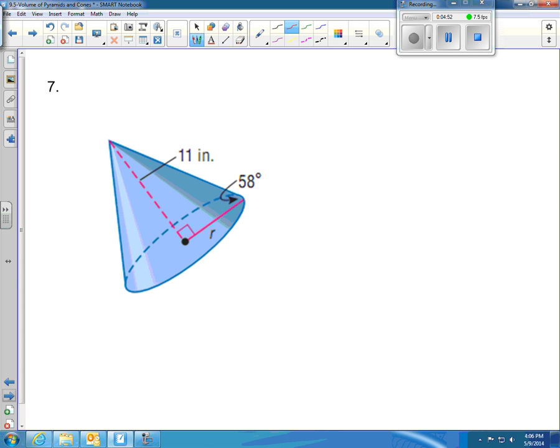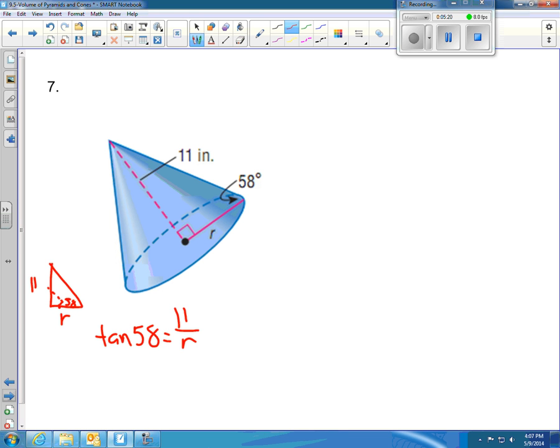Okay, 7. Notice that we aren't given our radius, but we are given an angle. We are never going to get rid of those trig functions. In relationship to my angle, I have the opposite and the adjacent. So it's going to be the tangent of my angle, oops, 58, not 38, is my opposite over my adjacent.